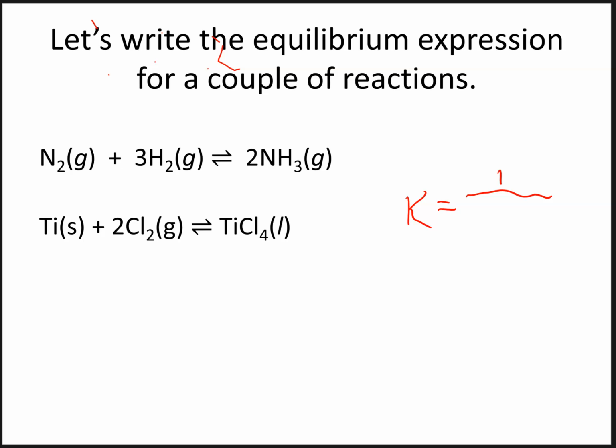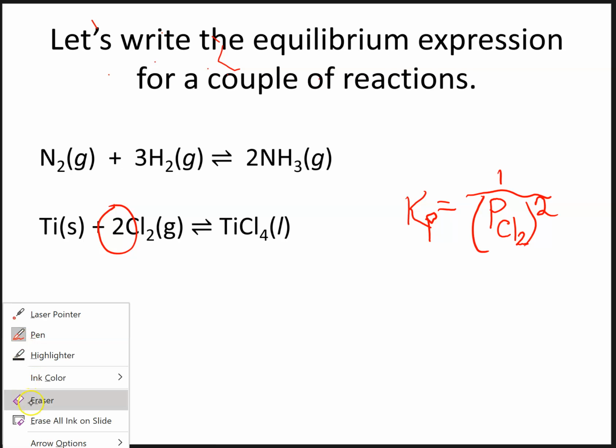Well, we've got titanium, which is a solid. Again, we don't use that, but we do have 2 chlorines, so we say PCl2, and then since there's a 2 here, that means this is squared. So this would ultimately be a Kp equilibrium expression, equilibrium constant for pressure, because we have a gas here, and so Kp is equal to 1 over the pressure of Cl2 squared at equilibrium.